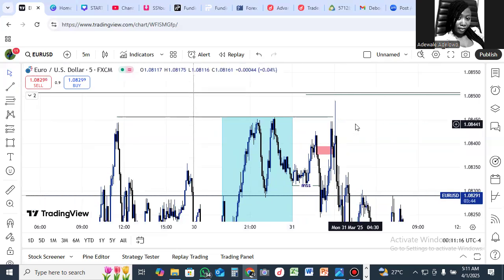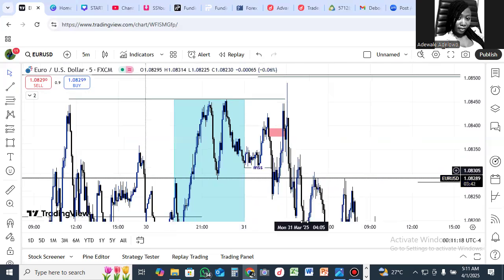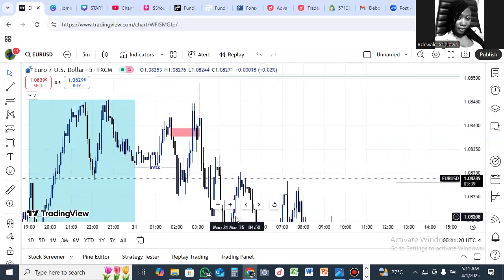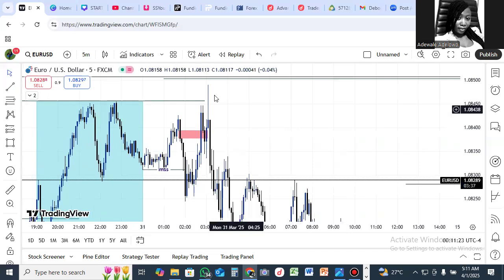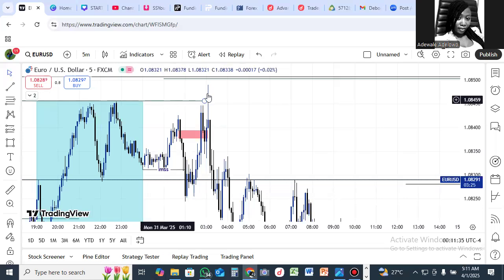So when I saw this, I said, no, my account is about to go. So I waited. I knew after this clear liquidity, that's why we call it liquidity sweep, because my stop loss was actually here. You see why we call it sweep of liquidity? Liquidity simply means money. People's stop losses are the liquidity. So this is the mistake I made.